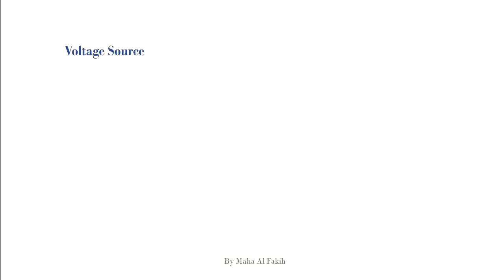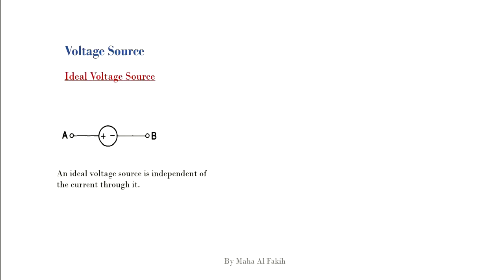Let's start by talking about the energy sources, specifically the voltage source. Here we can talk about what we call the ideal voltage source, which is symbolized like this. This is the source that is independent of the current that passes through it, which means it can maintain a fixed voltage independent of the load resistance, which means independent of what devices are connected in the circuit, or the output current.